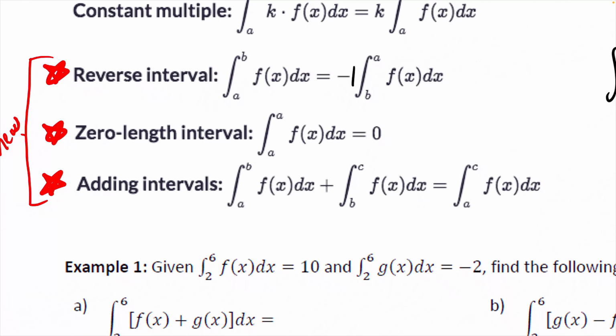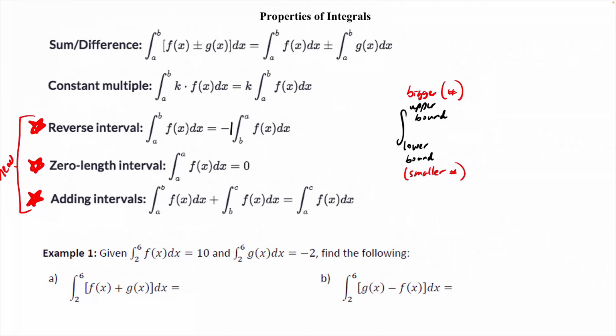So you can say area from A to C, or you can say, give me the area from A to B, and then add it to the area from B to C. It's the same thing, right? It's just two pieces instead of one whole. Okay? So a lot of those, especially the zero and the adding intervals, they're just common sense. So the properties aren't that bad. Okay? So let's look at some problems.